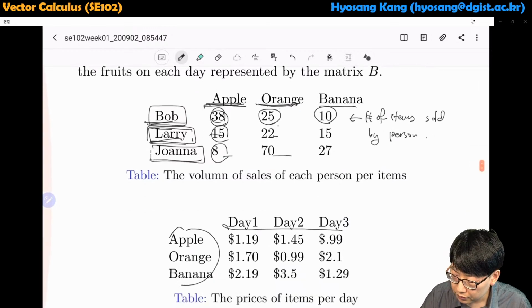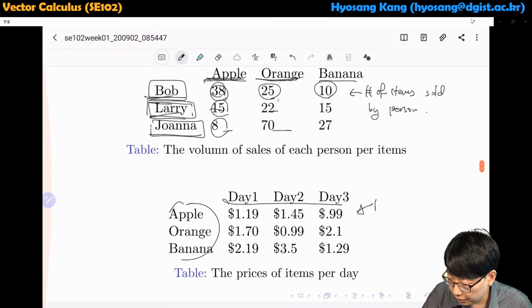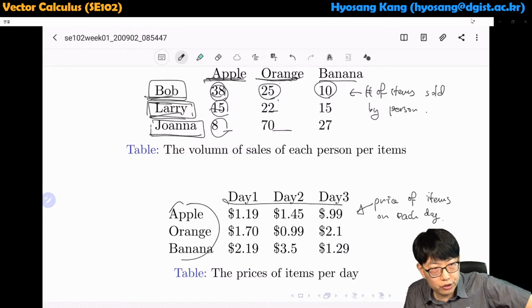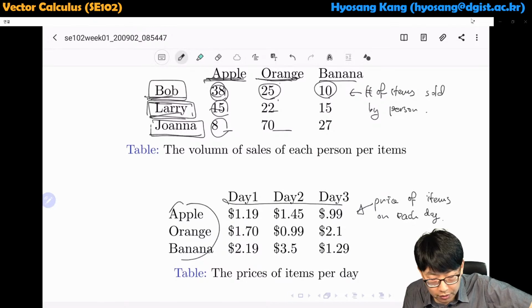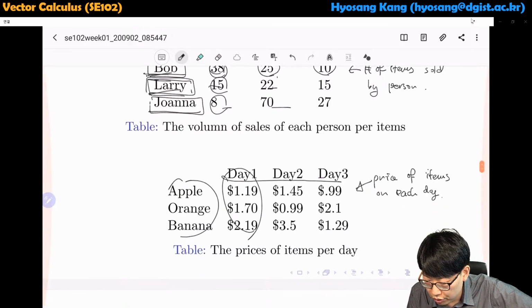Okay, all right, and then this means the price of items on each day. So the price changes, maybe because the prices change every day.